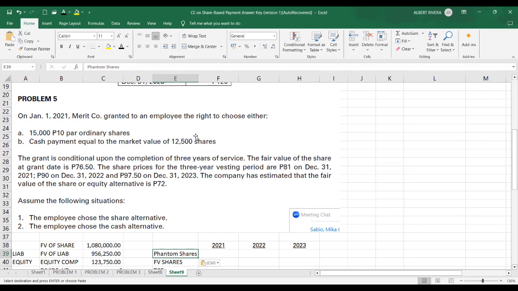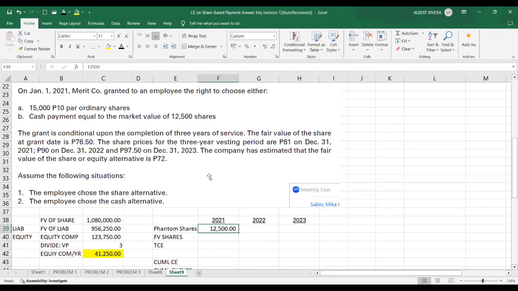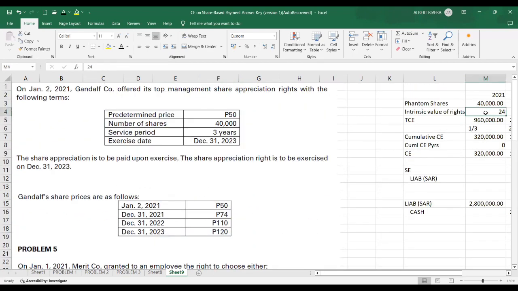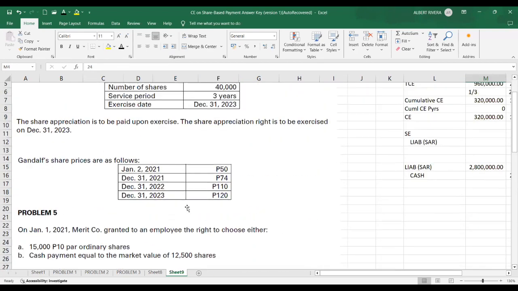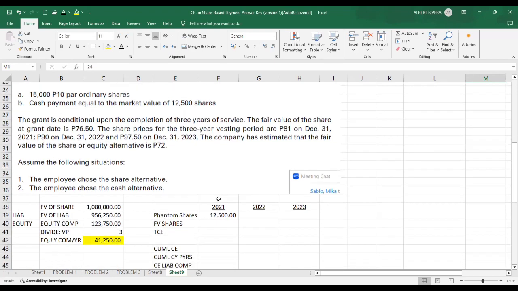The phantom shares, cash payment equal to the market value of 12,500. And again, there is no intrinsic value. That is the market minus the predetermined. There is no predetermined here, so you will now be using the fair value of your shares.